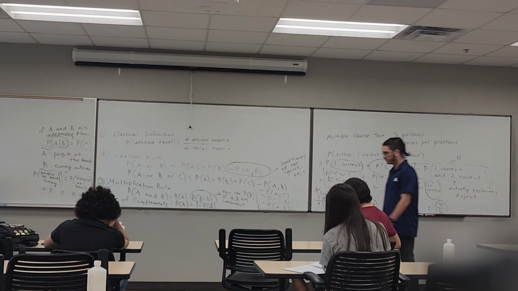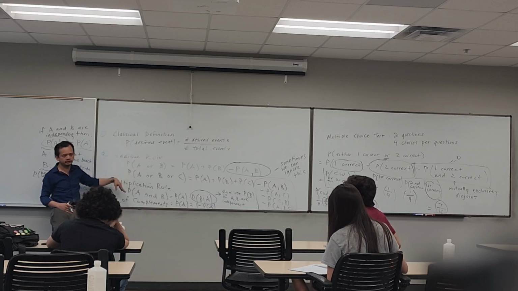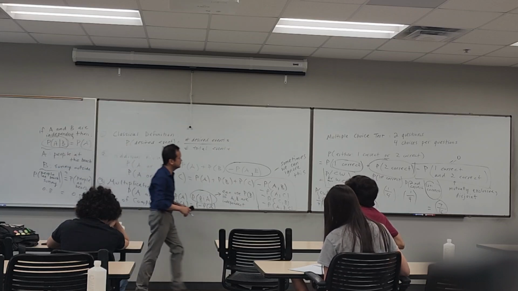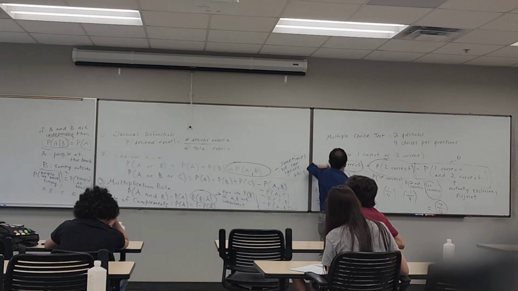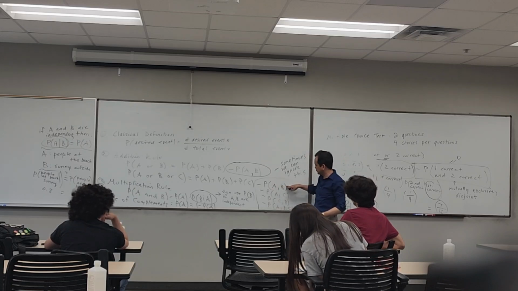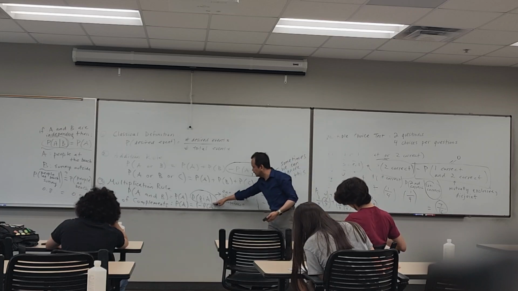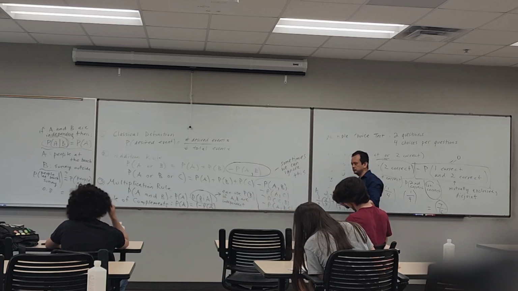Any questions? Okay, so this is a review of all the mathematical rules that we talked about, and then some special cases: in the addition rule if the events are disjoint, and in the multiplication rule if the events are independent.